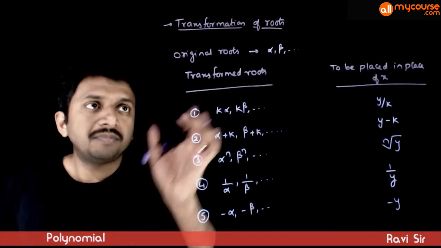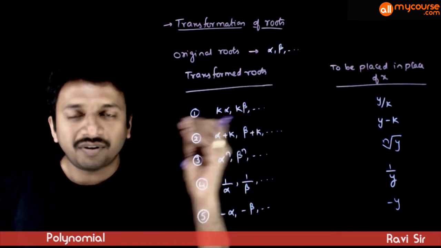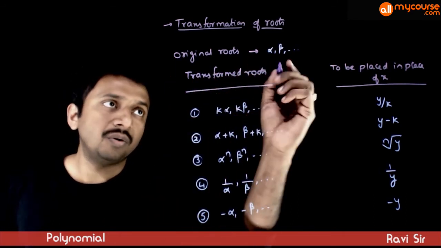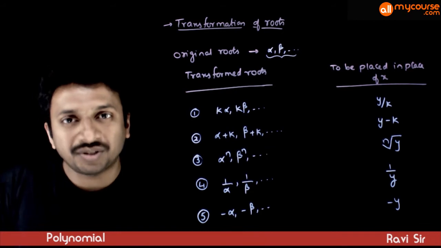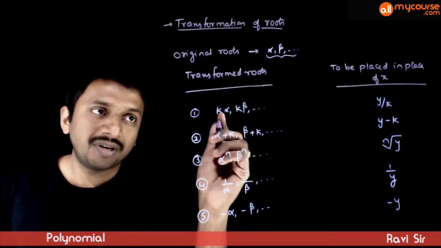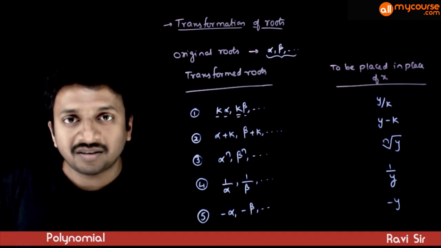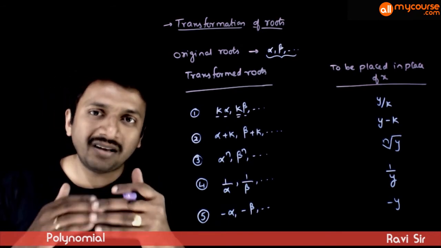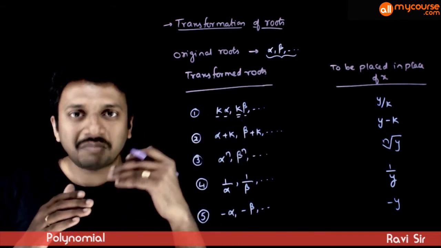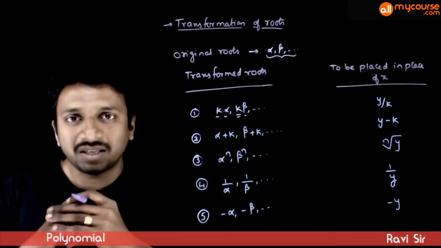So let us look at some standard transformations and the standard substitutions that need to be done so that we get the transformations. So first, if you have an original equation whose roots are alpha, beta, and so on. Now, if I want my roots to be transformed to k times alpha, k times beta, and so on, that means if I want my roots to be multiplied or divided by some number, the substitution that you need to do is y by k in the place of x.